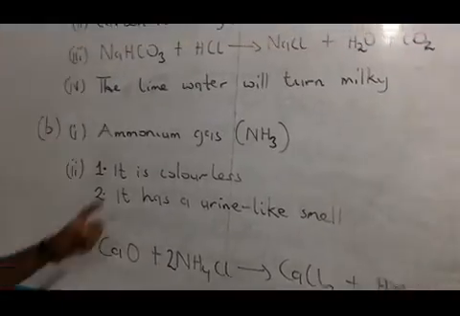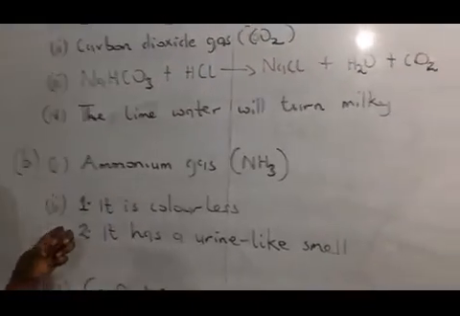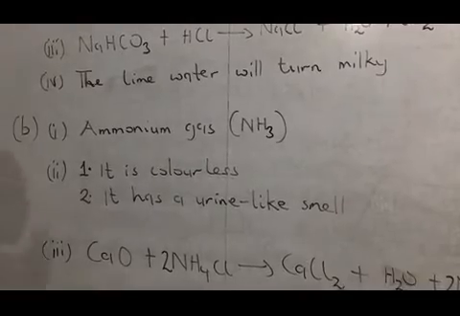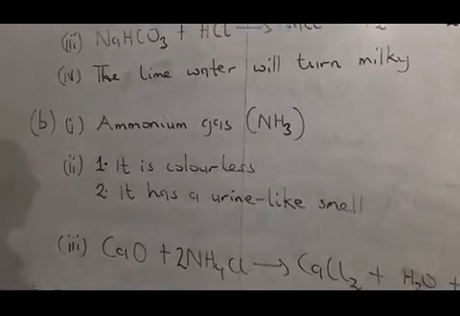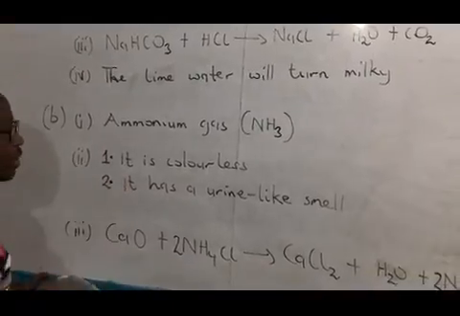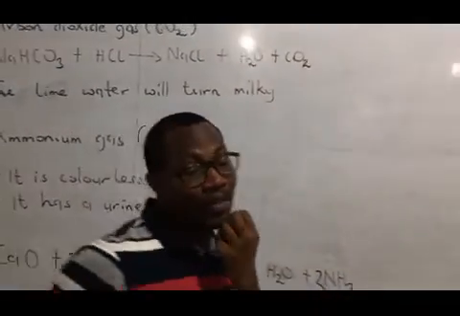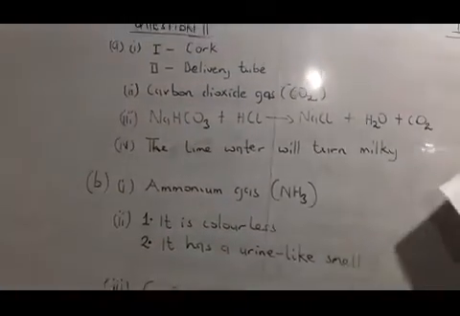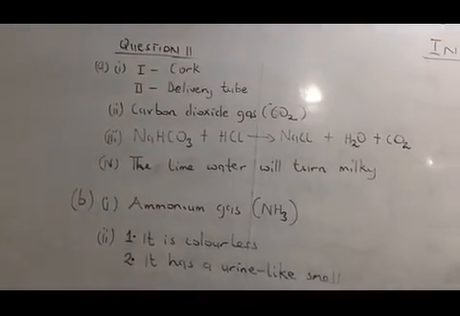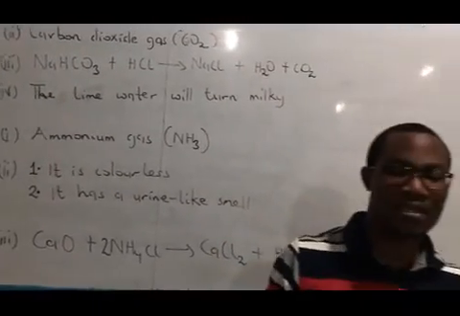I told you the ammonia gas is also a basic gas. Now, when I was talking about the properties, I talked about the fact that some of the gases are acidic and some are basic.